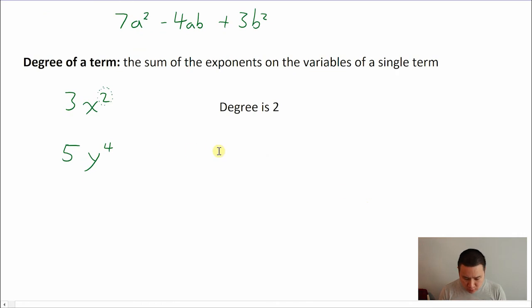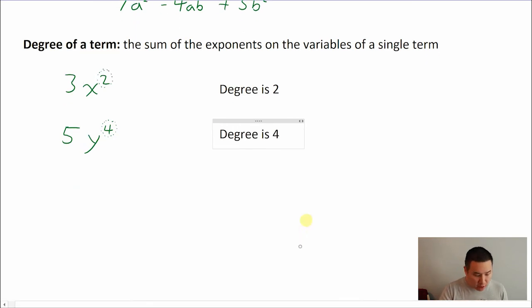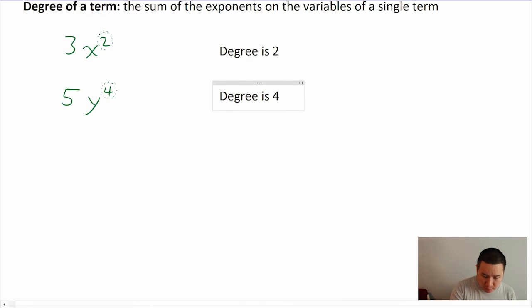This variable y has an exponent of 4, and so the degree of this term is 4. These are pretty straightforward. When you have only one variable to worry about, you only really have to take a look at that exponent on the variable, and then you're done.